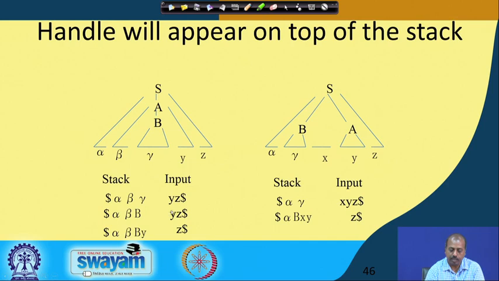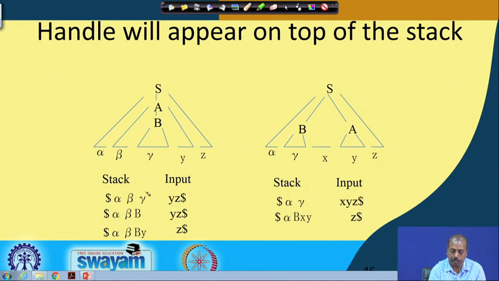Now, it will find that this gamma will be replaced by B. So you see that gamma comes at the top of the stack, and that has been replaced by B. Similarly, in the next step, this y is shifted, so it becomes beta B y.